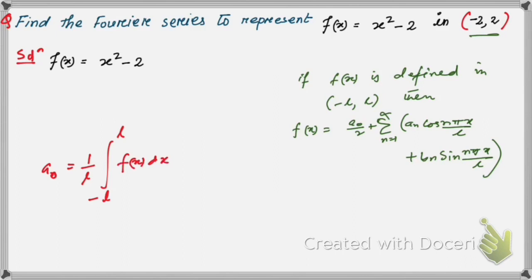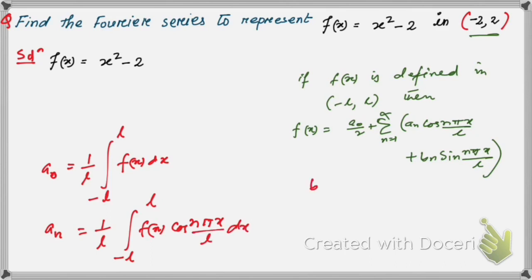That is the a naught, and an will be equal to 1 by l integral from minus l to plus l f of x cos n pi x by l dx, and bn will be equal to 1 by l integral from minus l to plus l f of x sine n pi x by l dx.